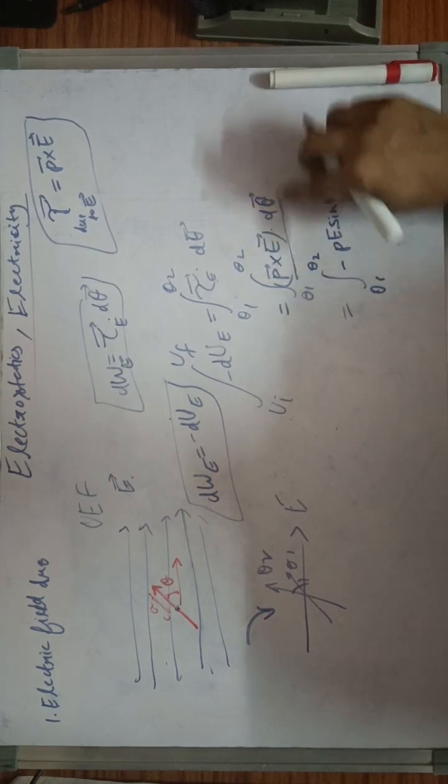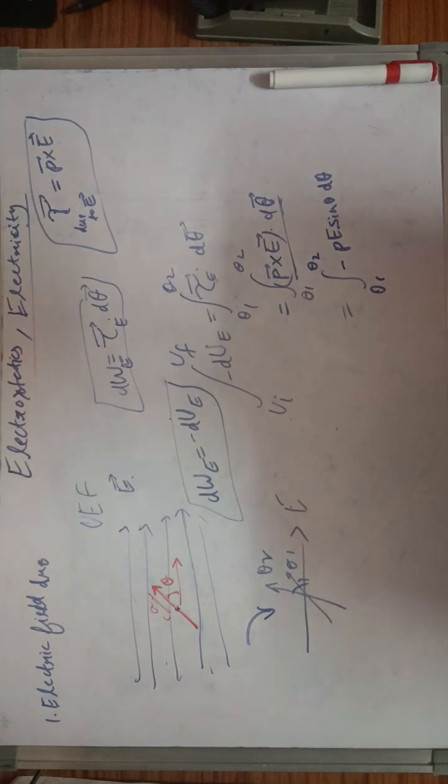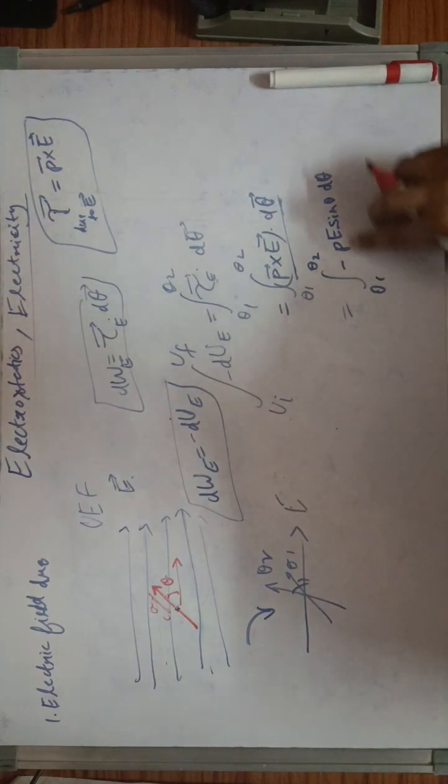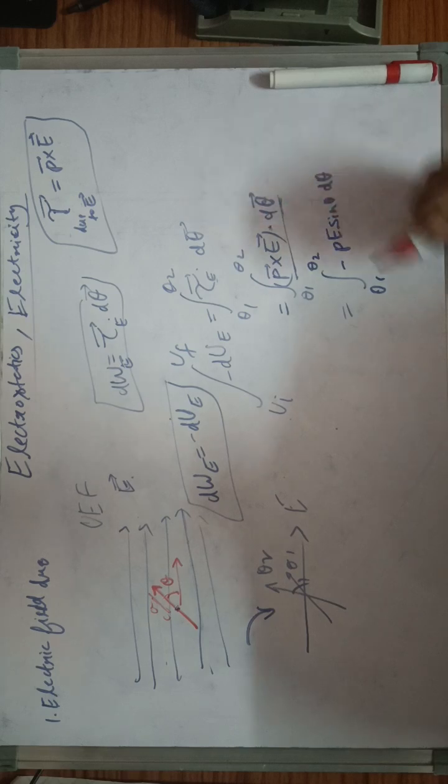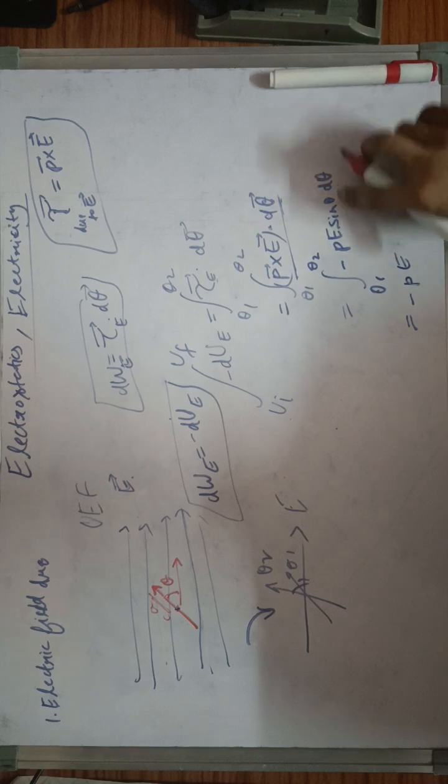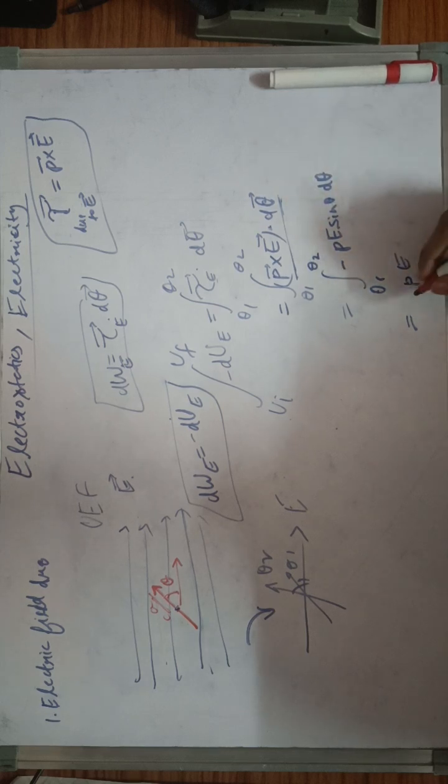Solving this vector product, we will get a minus sign here, and the magnitude will be written like this. This is a dot product. Now the integration of this gives minus PE, and the integration of sin θ gives minus again, so we get a plus sign here.